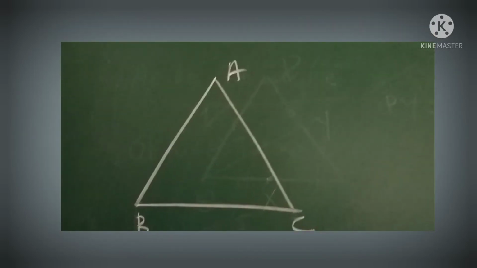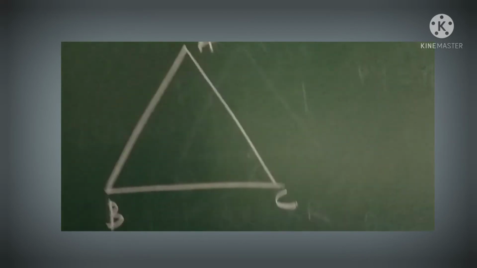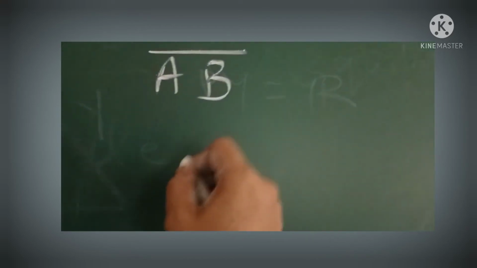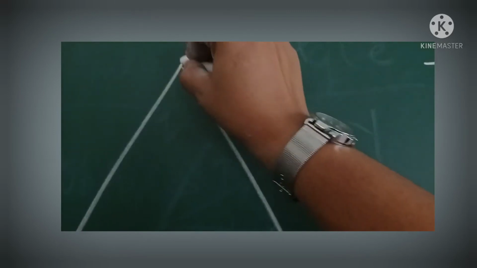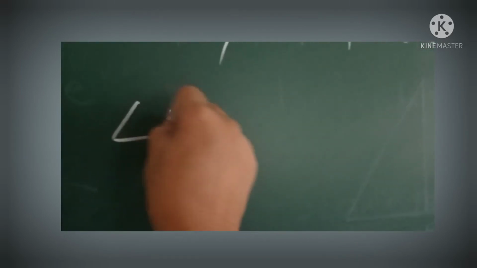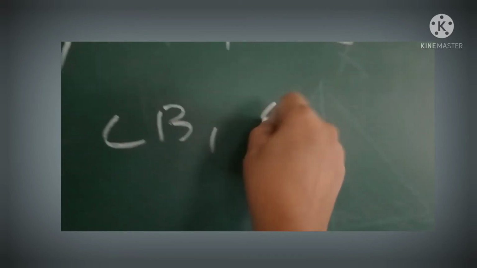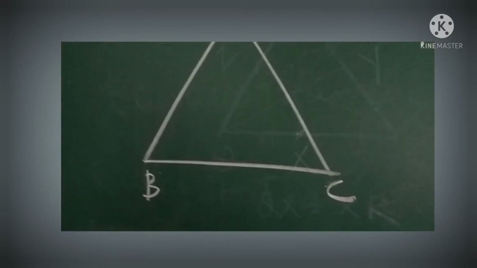Consider the triangle ABC. We can see 3 sides. Which are the 3 sides of a triangle? That is side AB, side BC and side AC. These are the 3 sides of the triangle. And which are the vertices? A, B, C are the vertices. That is, angle A, angle B and angle C are the angles of this triangle ABC.